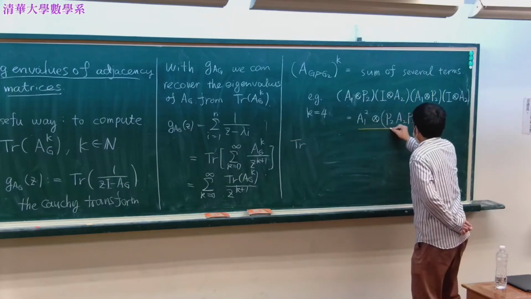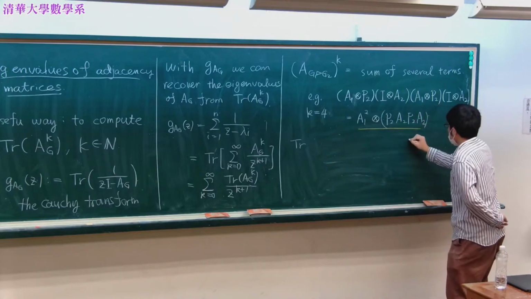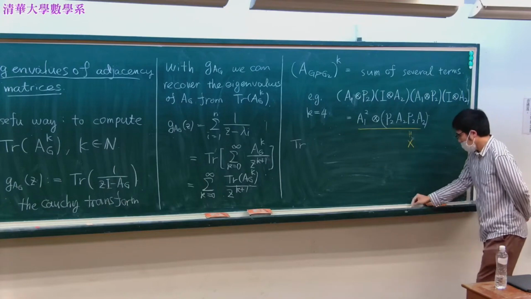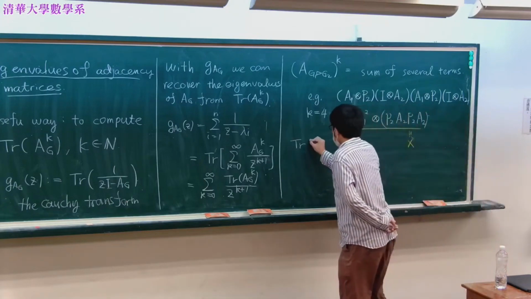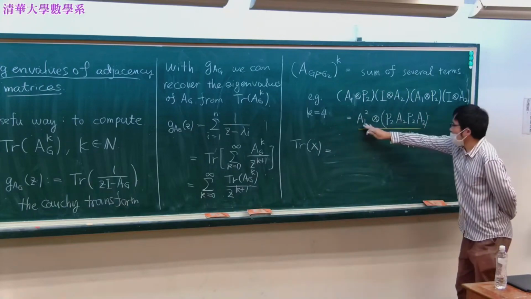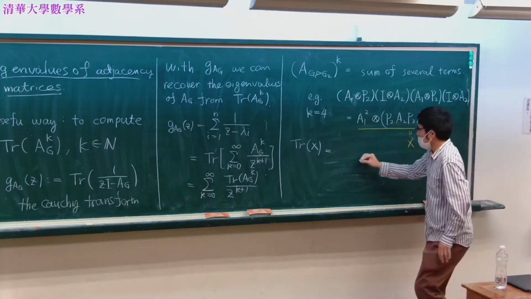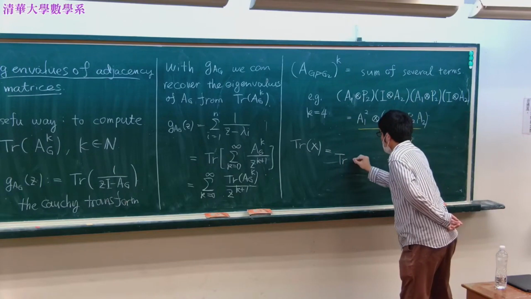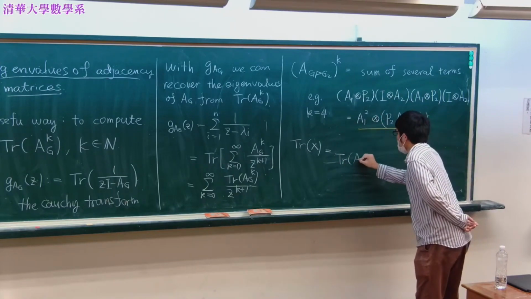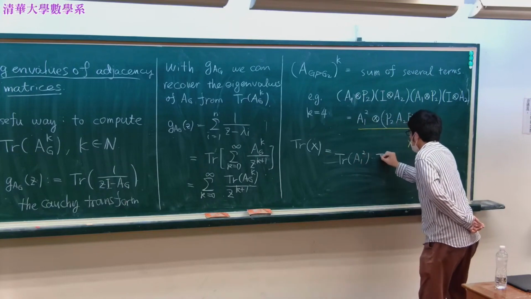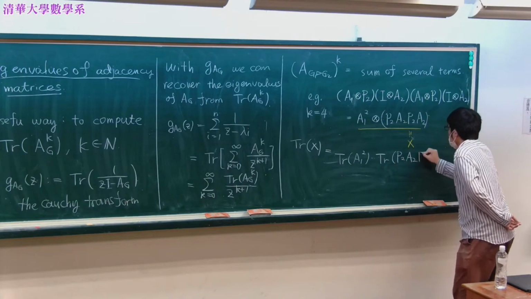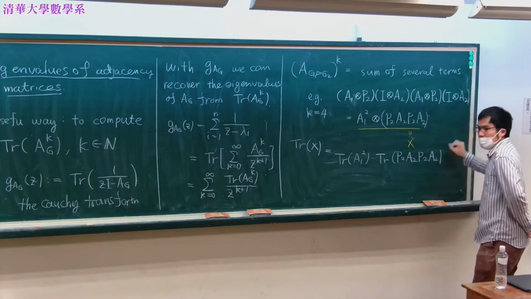For simplicity, let me write this as x. Then trace x. What is this? The trace of the tensor product is just the trace of each tensor component. So this is just trace A1 square times trace of P2, A2, P2, A2.